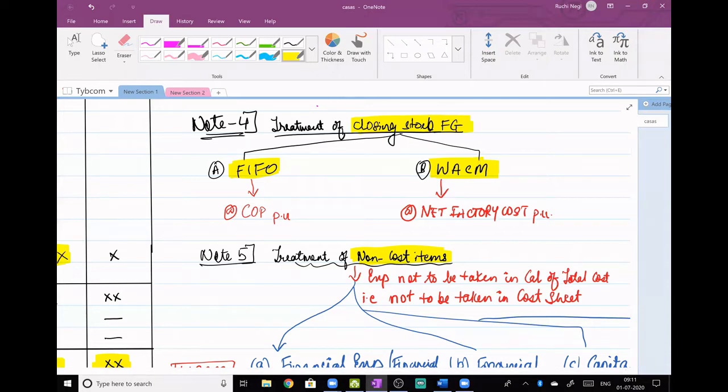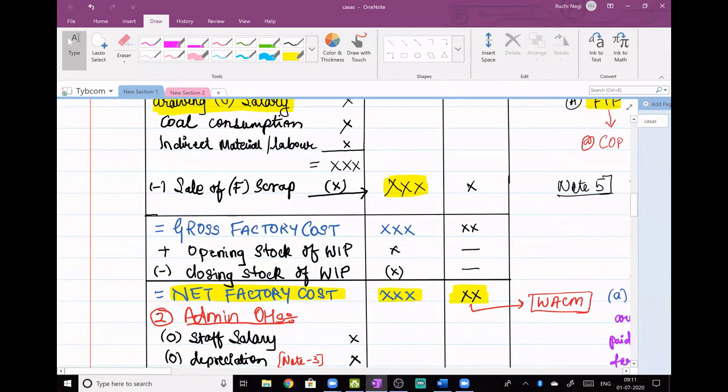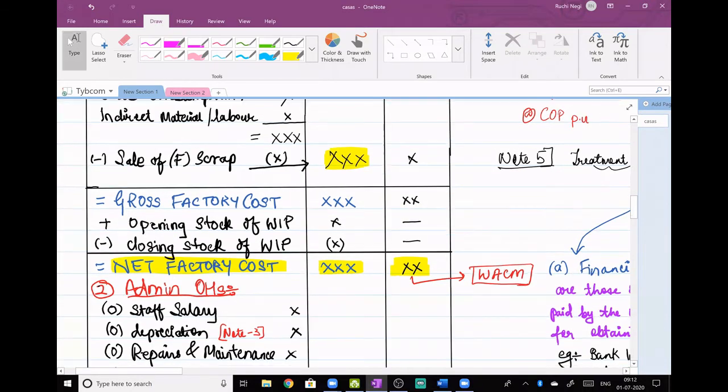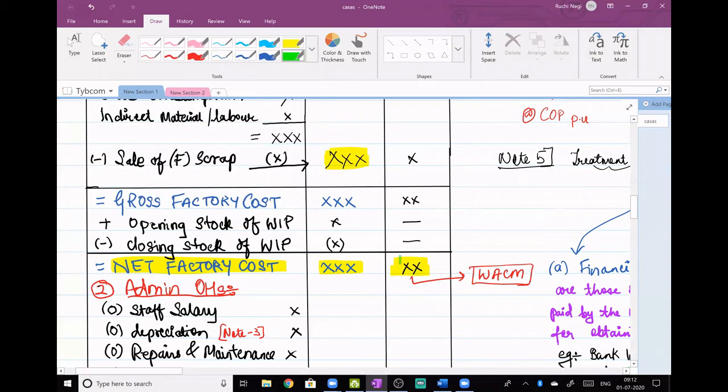Okay, now what does this mean? Come to your cost sheet, beta. See, this is net factory cost, right? It's already highlighted in yellow. Gross factory cost plus opening stock of WIP less closing stock of WIP gives me net factory cost. Can you guys see this? This is called net factory cost per unit.